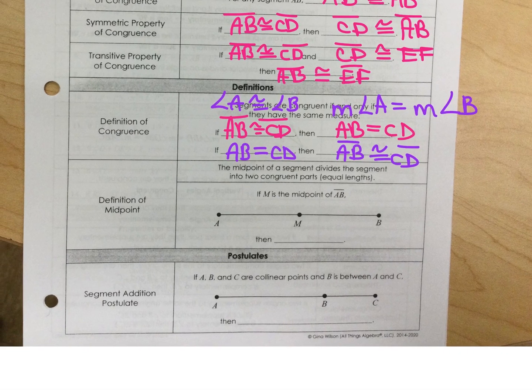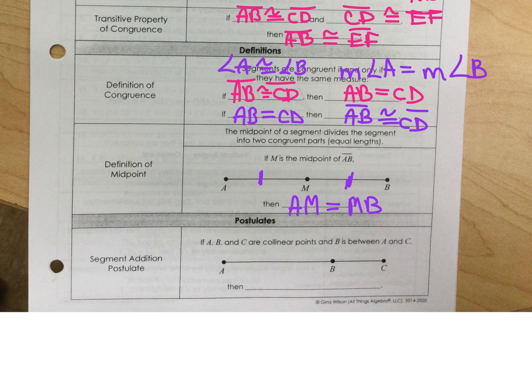The midpoint of a segment divides the segment into 2 congruent parts. So if M is the midpoint of AB, then I know this is congruent to this. And that's how we make a congruent mark. Whoops, AM equals MB. Here's a postulate.